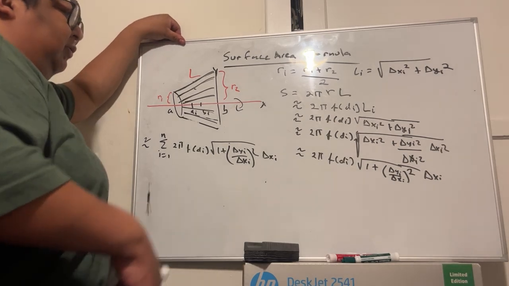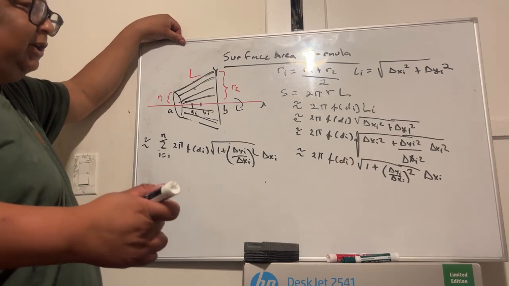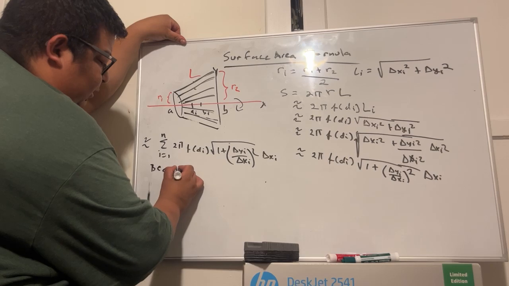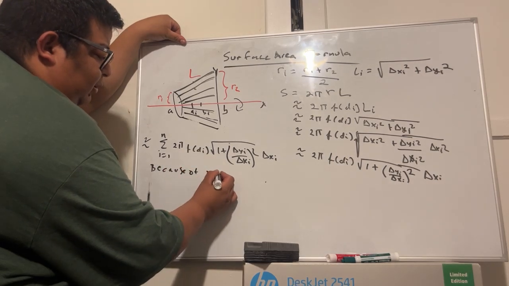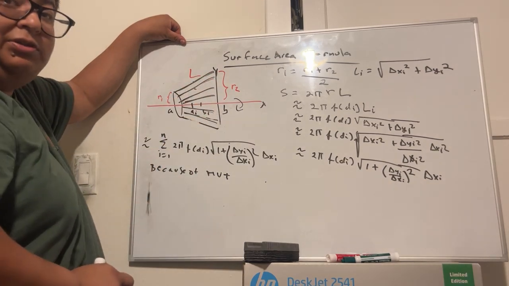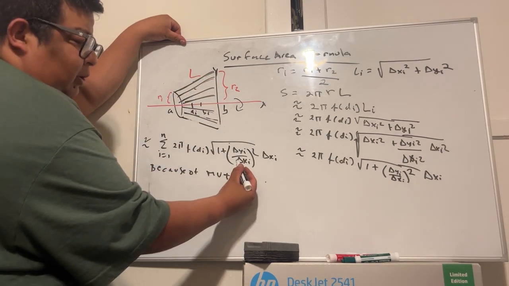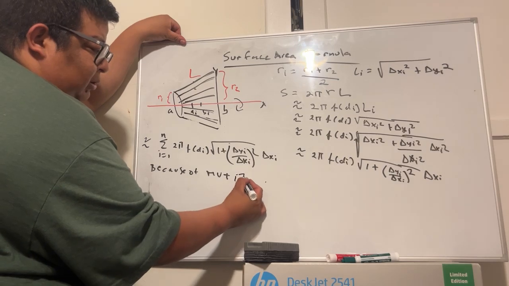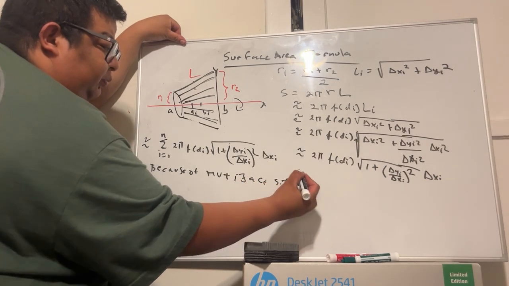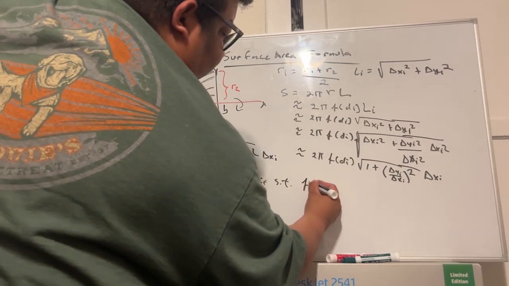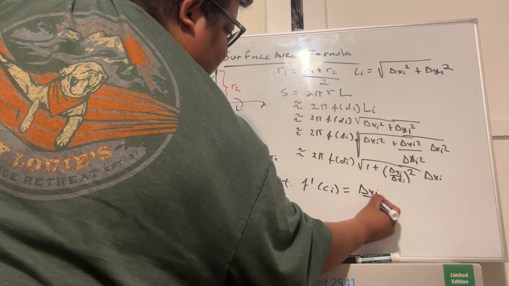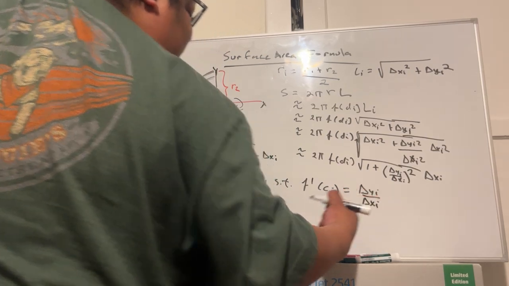And just like we did on the arc length formula, because of the mean value theorem, since the function here is continuously differentiable on AB, there exists a ci such that f prime of ci is equal to delta y over delta xi.